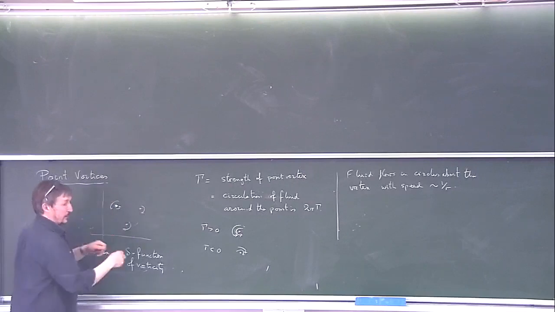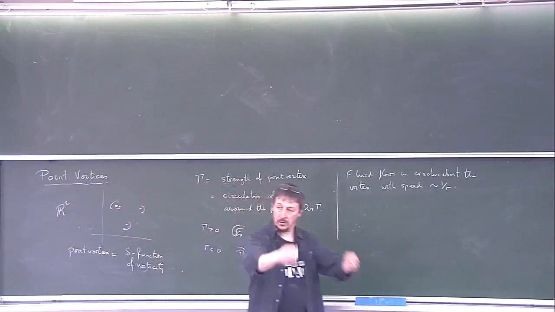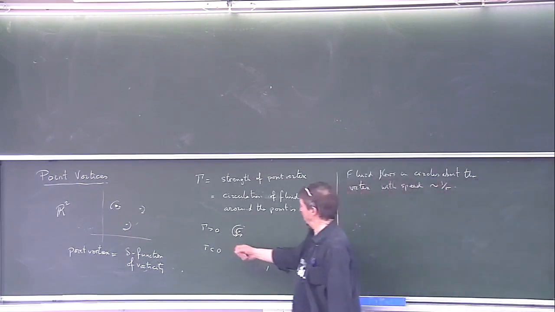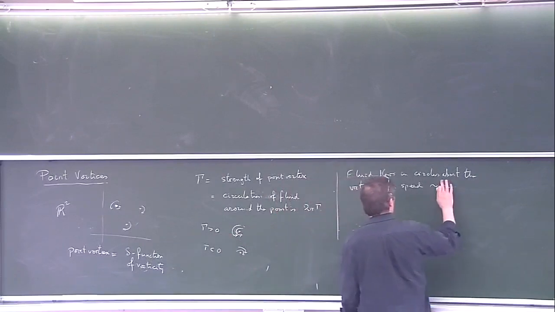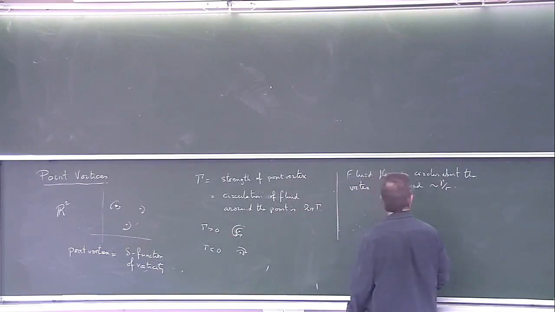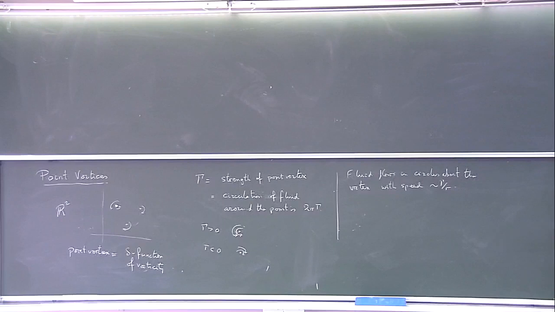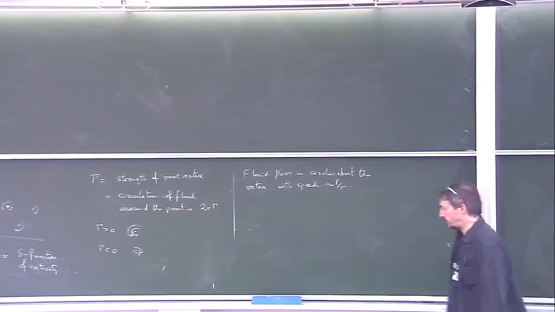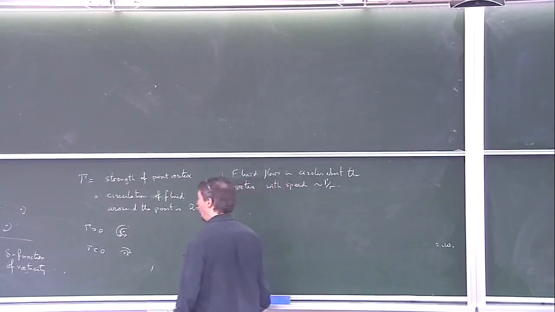You have a linear superposition of the velocities caused by the individual vortices, and the strength tells you the proportion gamma over r. So the bigger gamma is, the faster the fluid motion is.